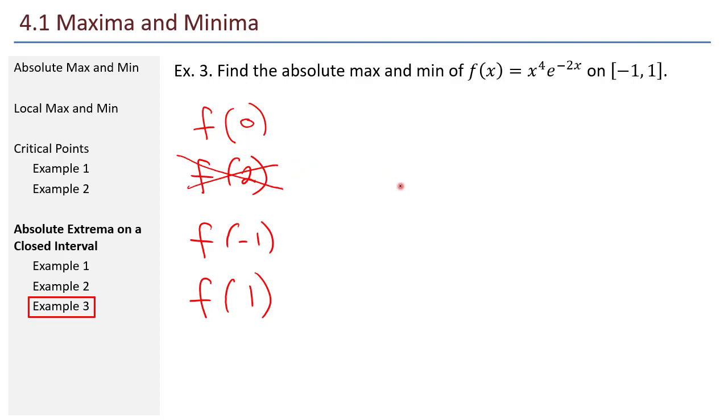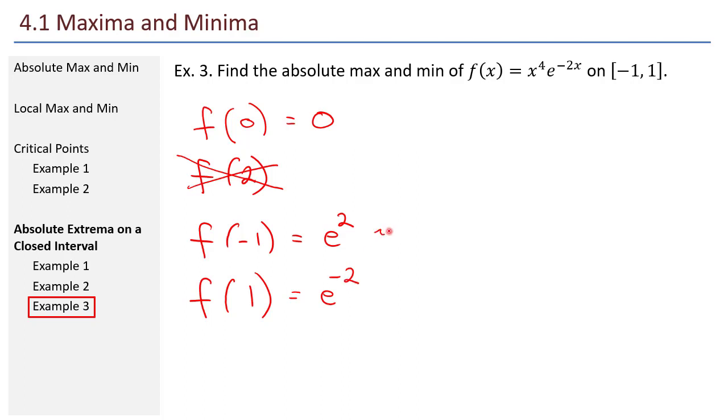So what about f of 0? f of 0 is 0. f of -1 is e squared. And f of 1 is, in fact, e to the -2.